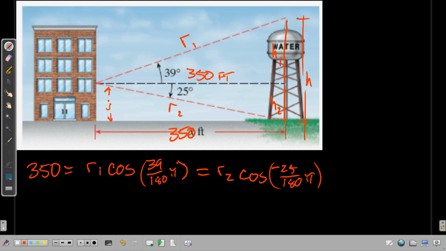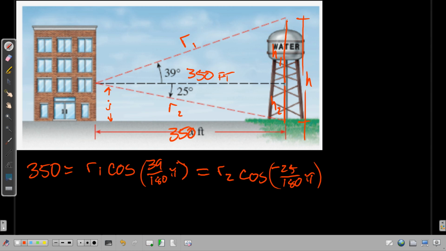Okay. Super. And what are we supposed to do? Just round to the nearest foot? You could just plug this into your calculator.